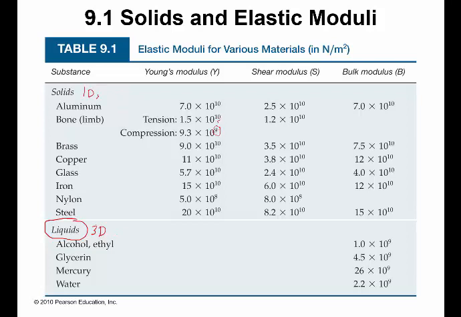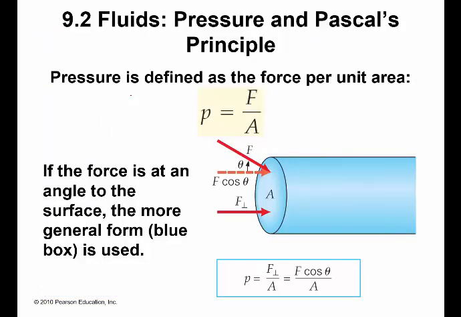We can look at one dimension, two dimensions, or three dimensions. So this is why we have a bulk modulus that only has to do with liquids, but we have Young's modulus, basically change in length, shear modulus and bulk modulus across all of our solids listed here.